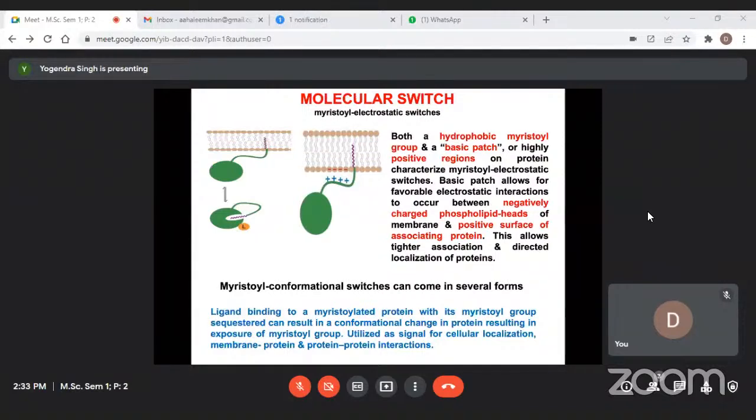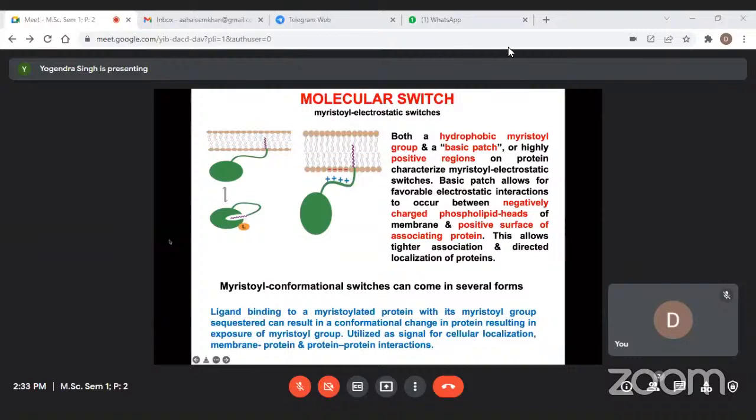So if you see the green colored protein and a purple colored fatty acid here embedded into the membrane, now see a situation if a ligand binds or a phosphorylation happens, the charge is going to change, the protein structure is going to change, and this is going to change in such a way that it shrinks the protein, which was in a larger volume, into a smaller one, because the structure is changing. So it will pull the fatty acid, and that is how the protein can get released from the membrane.